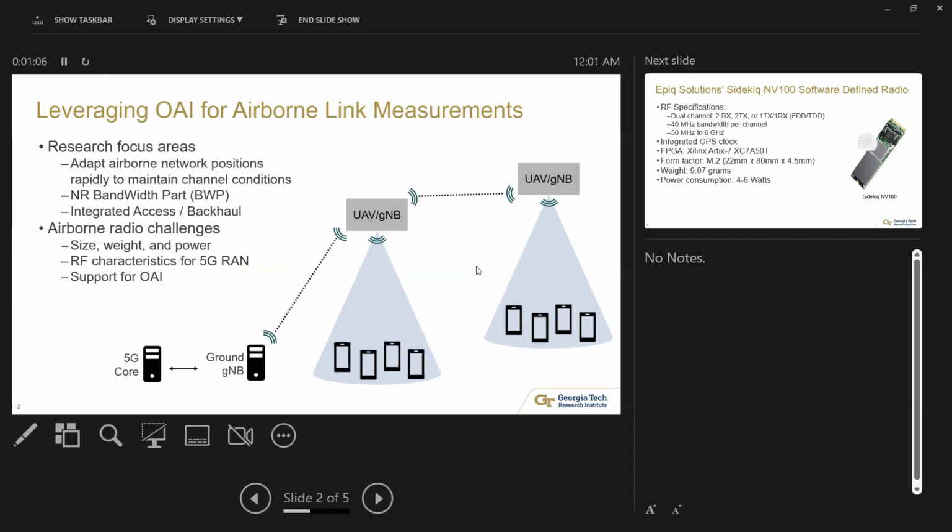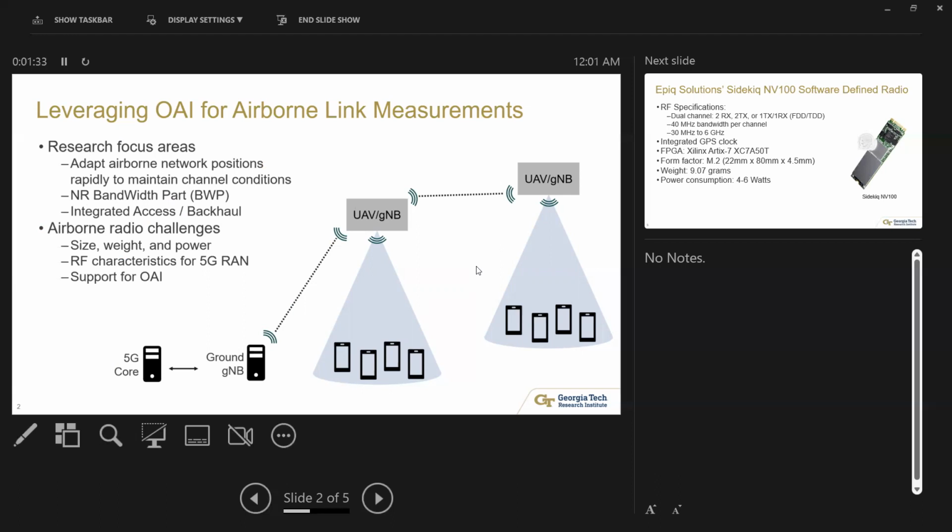In a mobility inverted network, your gNB, or at least your radio unit, is not in a fixed position, but rather, for example, on a UAV or a drone up in the air. It's able to rapidly move, perhaps even faster than the UEs, the end users within your cellular network. This allows you to maintain optimal channel conditions for all your UEs, despite whatever environment you may be within.